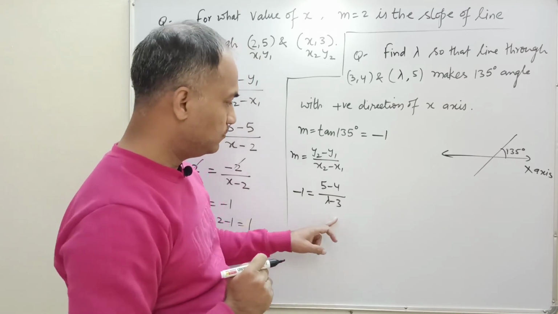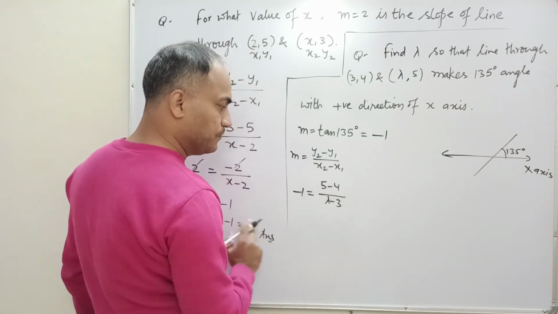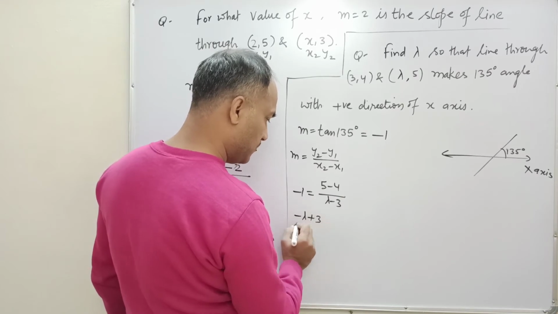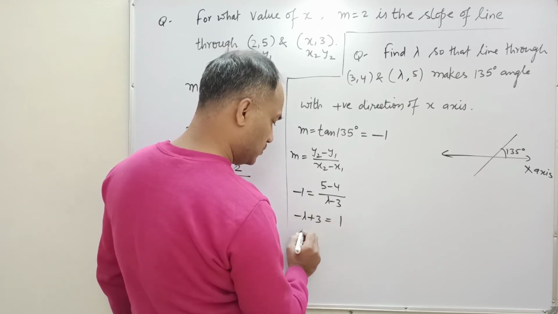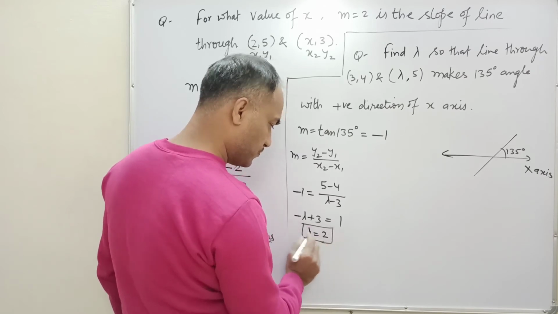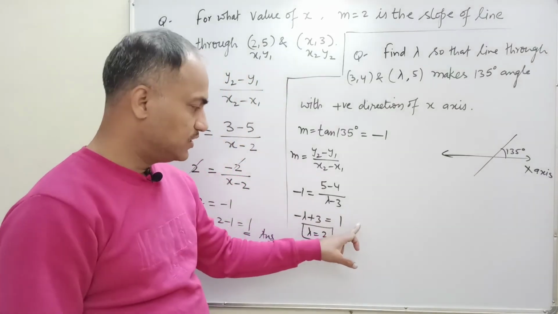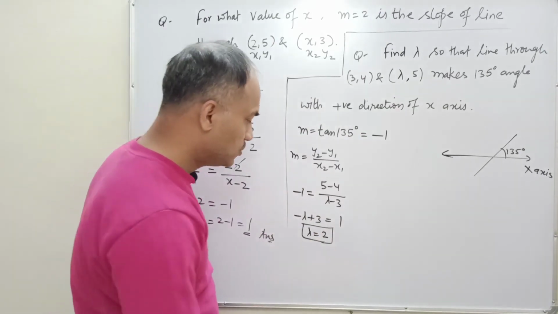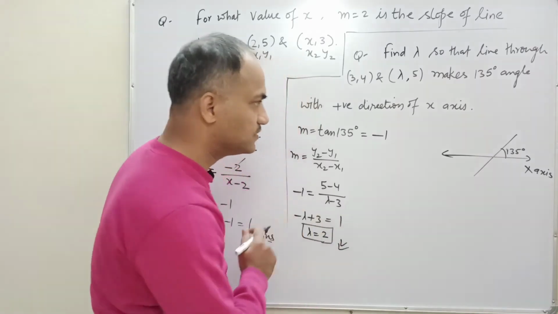Now this is 1. So cross multiply: minus lambda plus 3 is equal to 1. So lambda will be equal to 2. Lambda will go that side and 1 will be subtracted from 3, it will give us 2. So lambda is equal to 2 is the final answer for this.